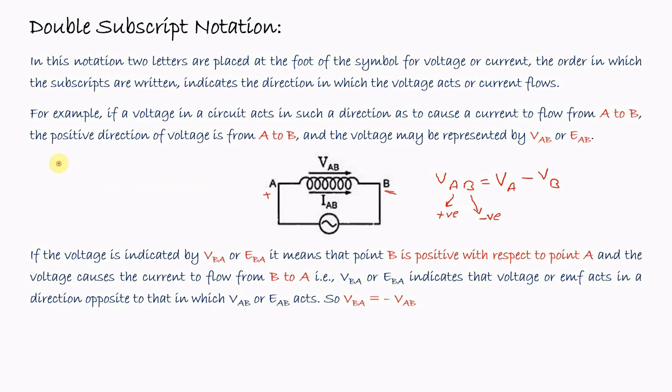That means if we write VBA, we have considered B as the higher potential and A as the lower potential. But actually the current is flowing from A to B, so A is at higher potential and B is at lower potential. So VBA is nothing but the negative of VAB.